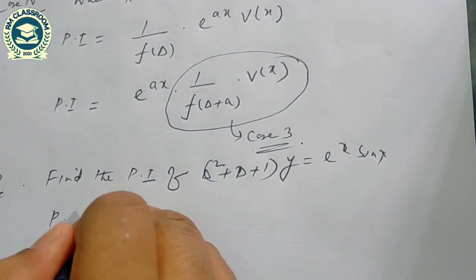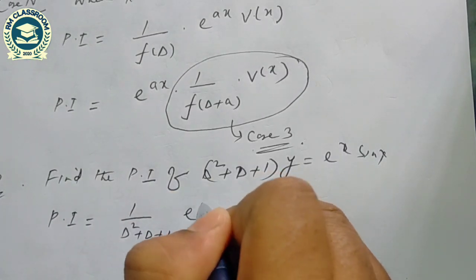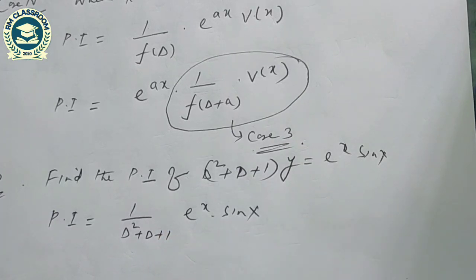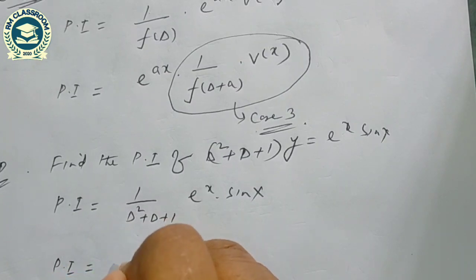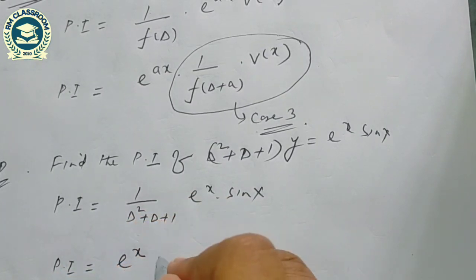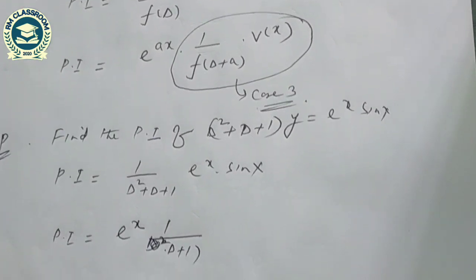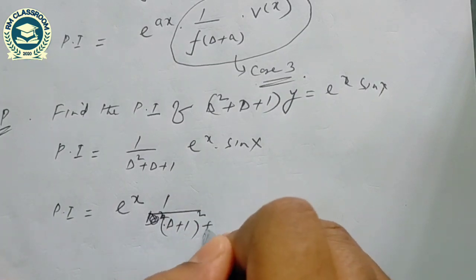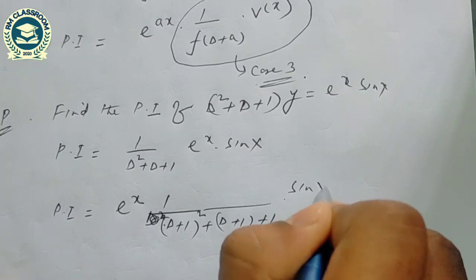So the particular integral is 1 by D square plus D plus 1, e to the power x into sin x, or we can write particular integral is equal to e to the power x, 1 by D plus 1 whole square plus D plus 1 plus 1, into sin x.